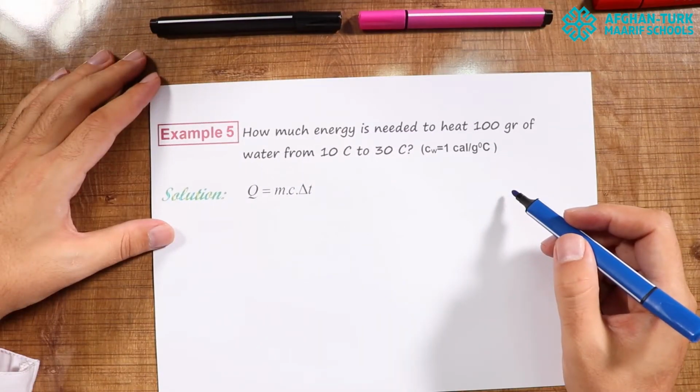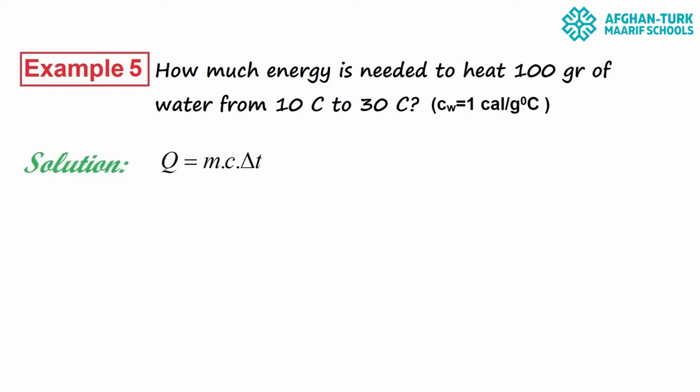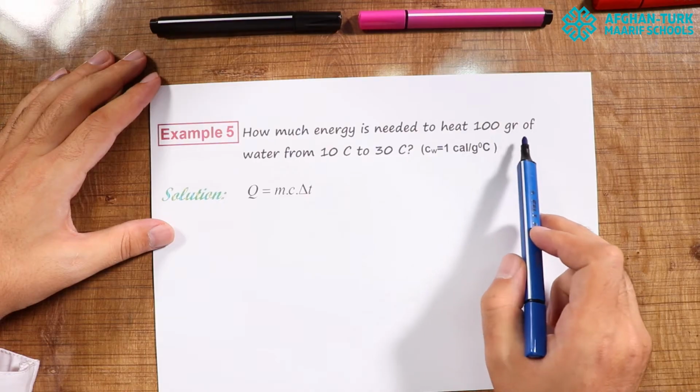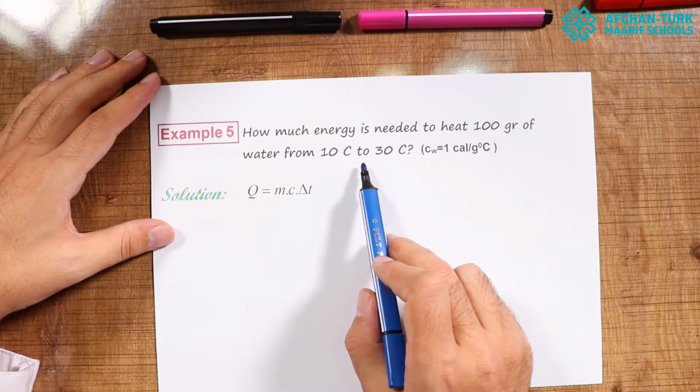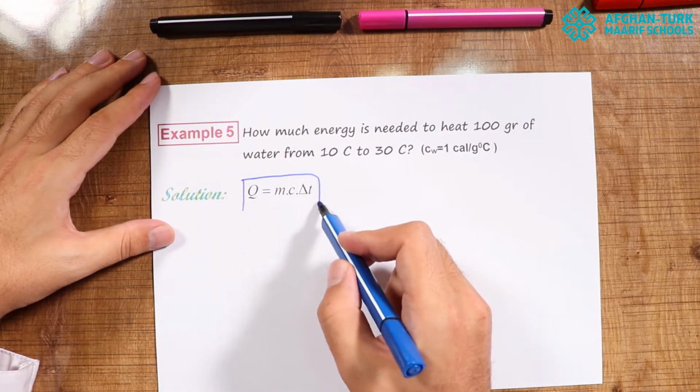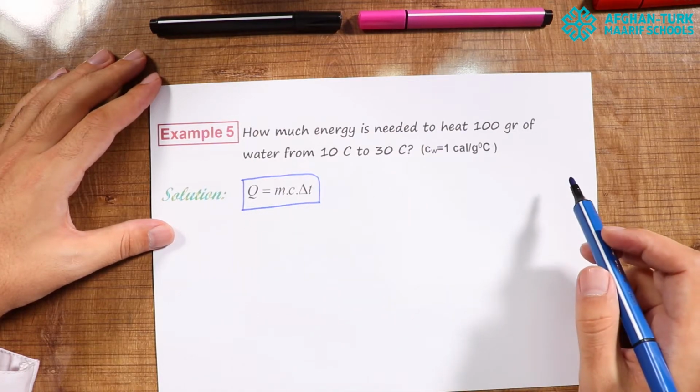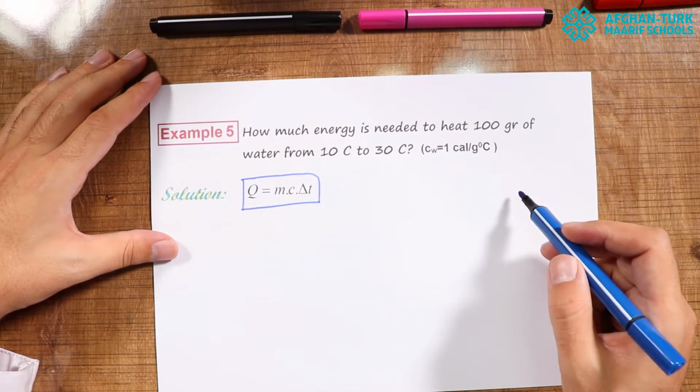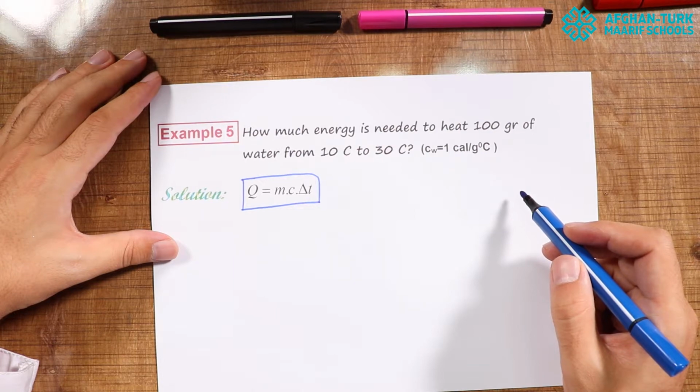Let's continue with a question about heat capacity. It says, how much energy is needed to heat 100 grams of water from 10 Celsius to 30 Celsius? And this is our formula, Q is equal to mc delta T. We try to find the Q, which is heat.